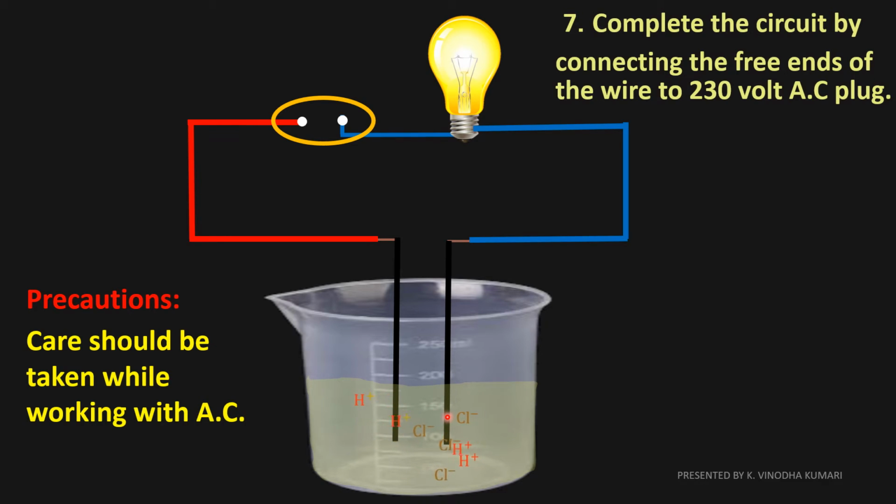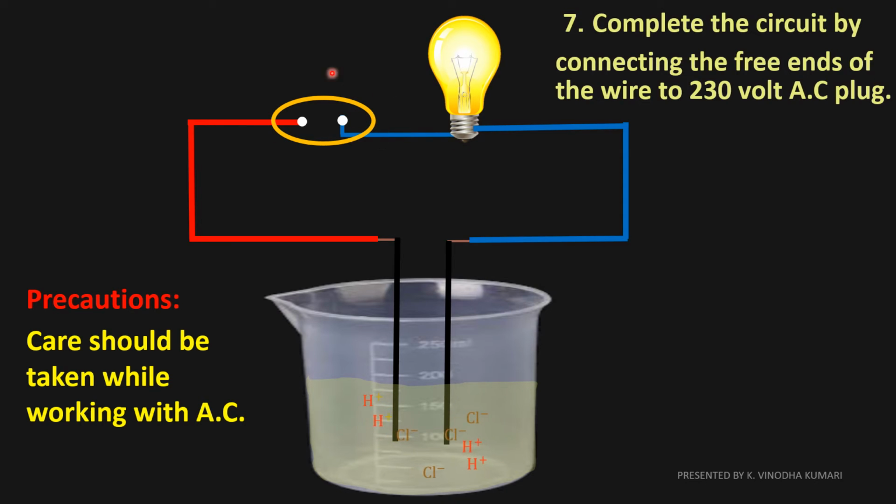These H plus ions are responsible for its acidic character, and the movement of these ions helps the flow of current and makes the bulb glow. Here you are observing the movement of the ions, isn't it? This movement of the ions helps the current to flow so that the bulb is glowing.